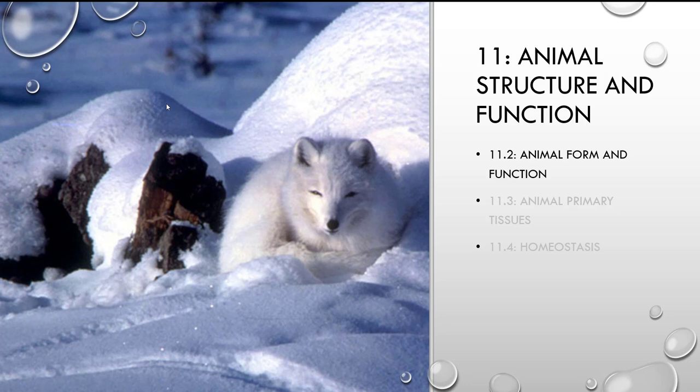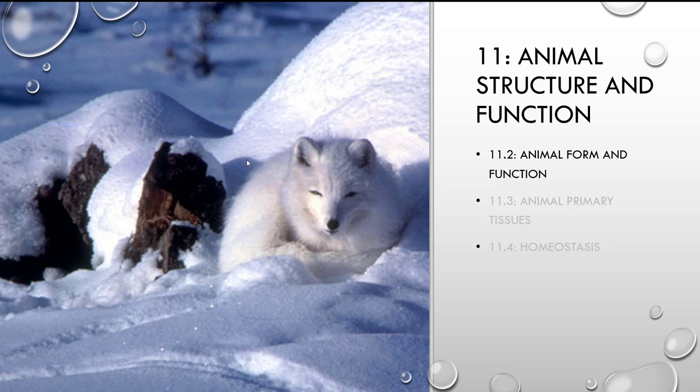So we're going to be taking a look at the structures of animals, and if you take a look at our series here, we're going to look at the primary tissues that make up more complex organs and organ systems, and then we're going to finish off with homeostasis. And we've been talking a lot about homeostasis throughout the term, just from our worksheets. So it should be good review, put the pieces together.